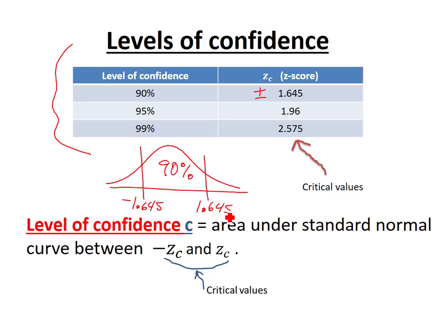And down here, negative Z sub C, that's your critical values. This is going to be your confidence interval when you put those two together. These are called critical values. Your Z-score here, if we want to be 90%, is negative 1.645, positive 1.645.